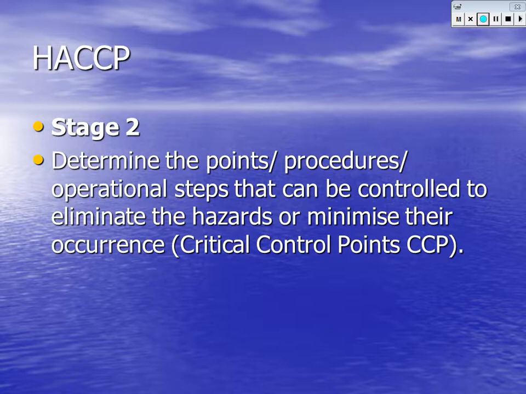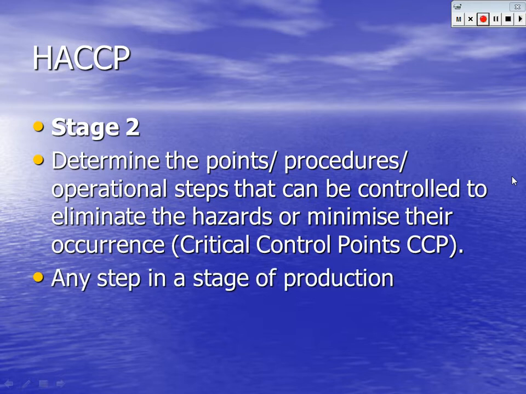And it may mean, hey, let's turn over our stock faster. It may mean let's look at maybe having a larger purging system where we can hold our animals for longer, where the water's filtered. We can run it through a UV filter or something, for instance, to get rid of E. coli or other bacteria. Right, so that might be embedded into our critical control points as part of our HACCP.